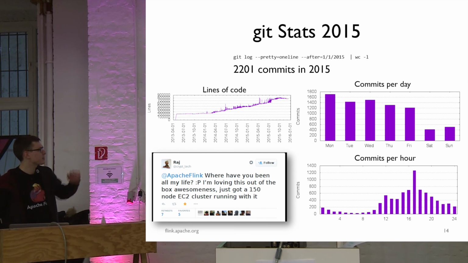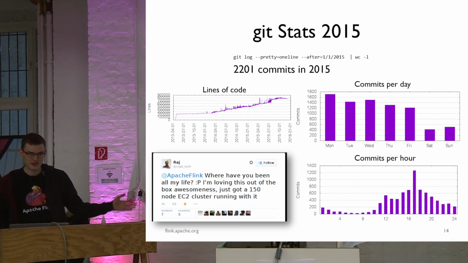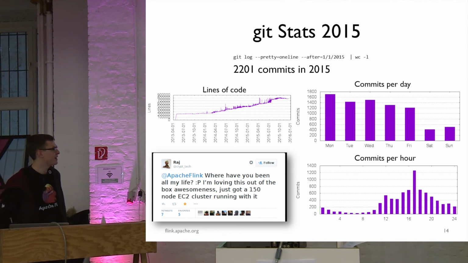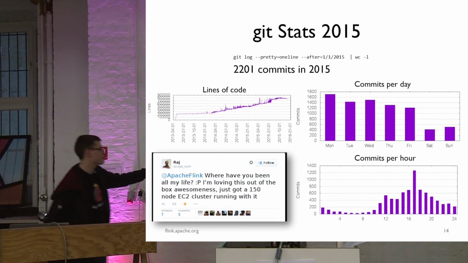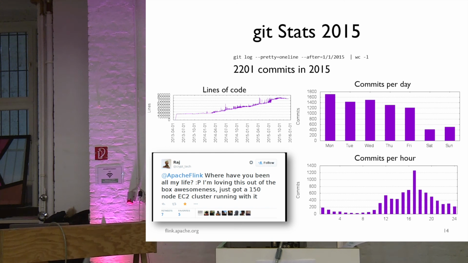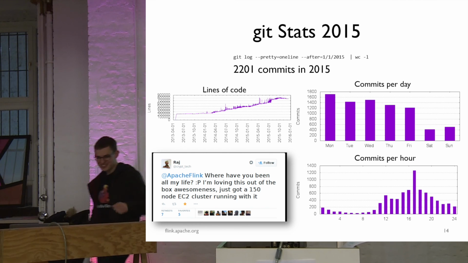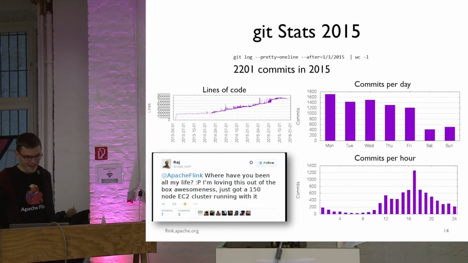But you can also see that we are very active on Mondays apparently. Maybe we are just committing all the work from the weekend, I don't know. And we are committing the most code at 5, so probably because before leaving the office we are rushing some code in. So yes, that's for the Git statistics.